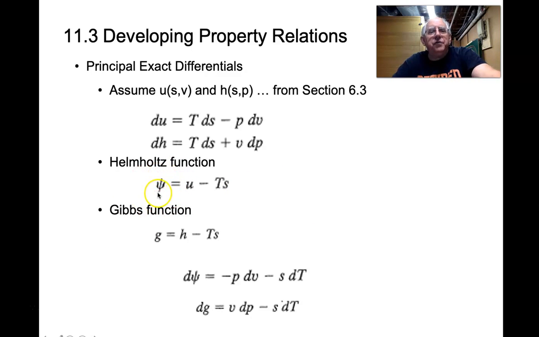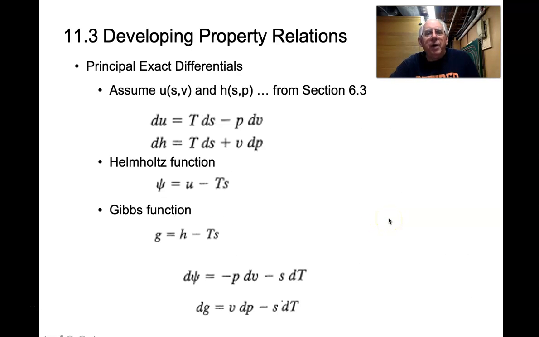And the Helmholtz function is a thermodynamic property, and it's just related to internal energy minus Ts. And the Gibbs function, and this is used a lot in combustion systems, the Gibbs function G is just equal to H minus Ts.